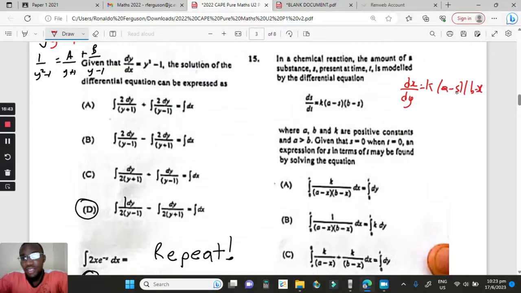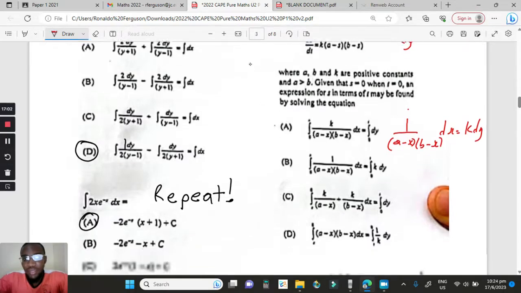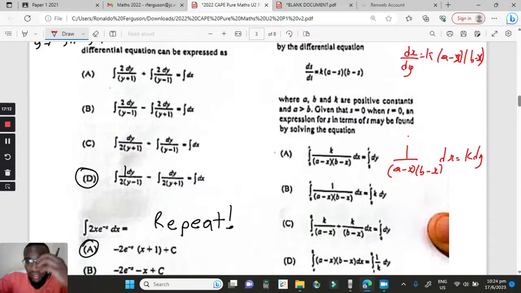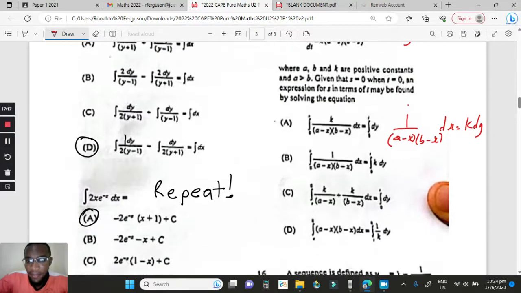So now of course we need to group up the X. So divide, that is now, we can say 1 over (a minus x)(b minus x) dx equal k dy. And then we integrate both sides. So looking for 1 over (a minus x)(b minus x), k dy. Alright, that would be fine.